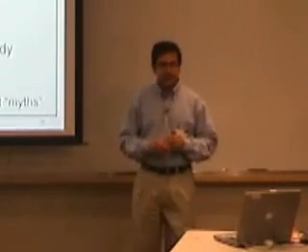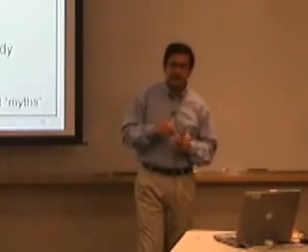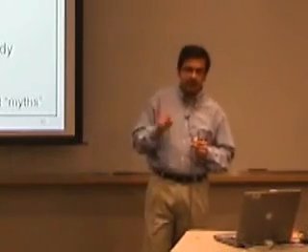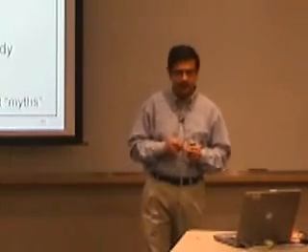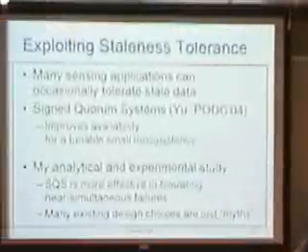But in this new quorum system, you allow a very small inconsistency, for example, one stale read in 1,000,000 times. But for that very small inconsistency, you can improve availability by an order of magnitude. Okay? So we use these signed quorum systems in IrisNet.